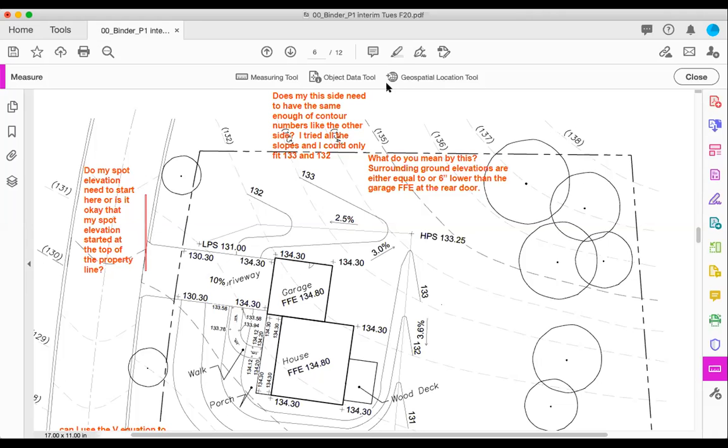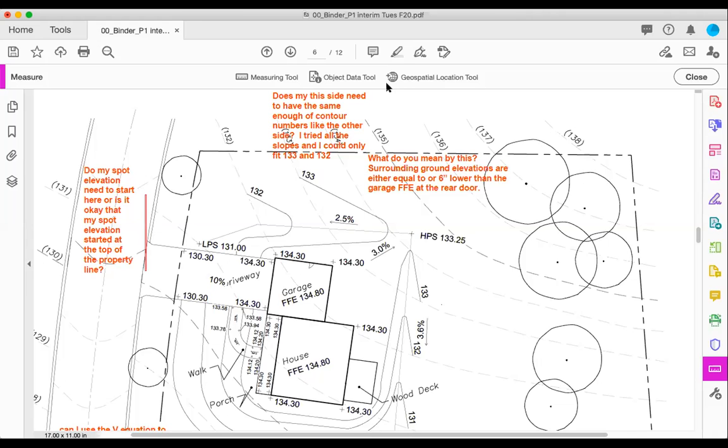What do you mean by this? Surrounding ground elevations are either equal to or 6 foot lower than the ground. Okay, this means that the garage is different from the house. The house, you have to have at least 0.5 foot difference between the exterior and the interior to prevent water from coming in.